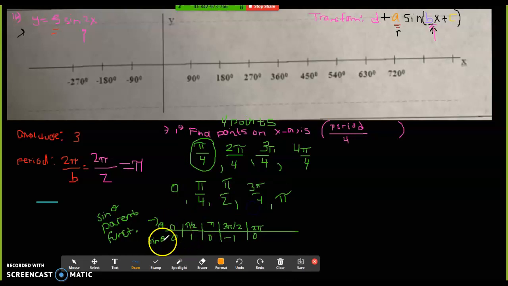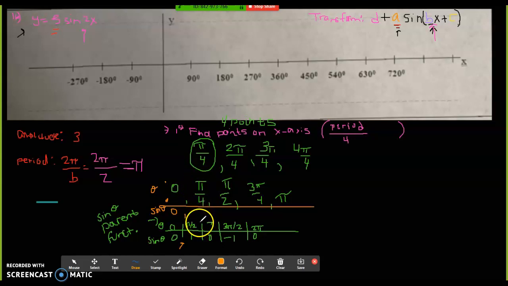Now my first sine value is 0, and it's still going to be at 0, 0. So here's theta, here's my new sine values. But my next point at pi over 2, 1, that sine value is not going to be at pi over 2 anymore, but it's now going to be at pi over 4.